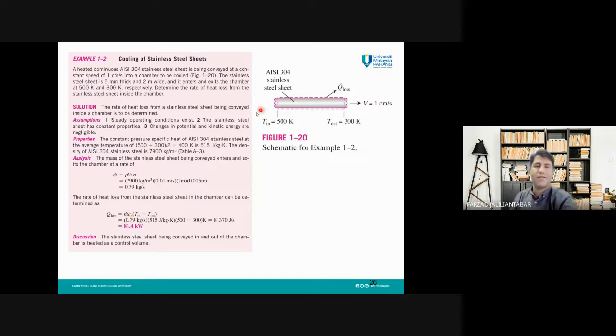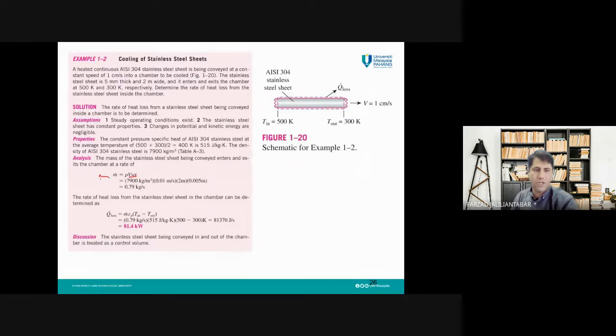What is m dot? M dot is the mass flow rate into our control volume. How can we calculate that? How much mass is coming into our control volume? That is equal to, first of all, the density of the material or substance which is in our control volume, times the volume flow rate.